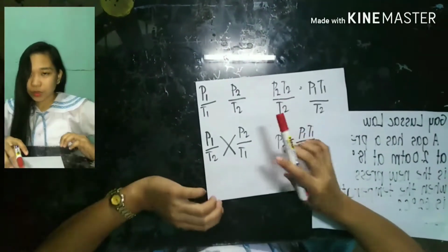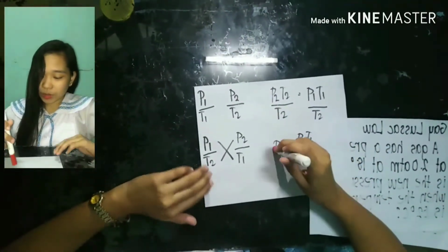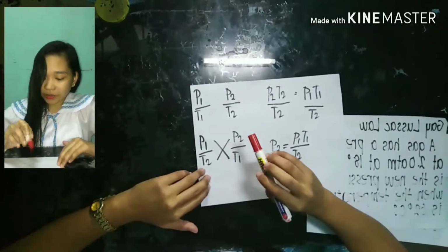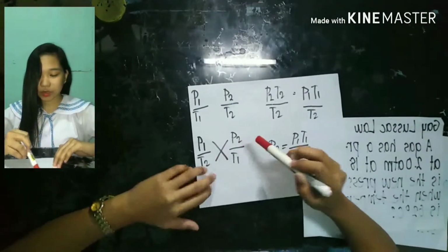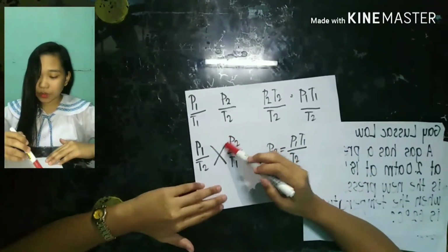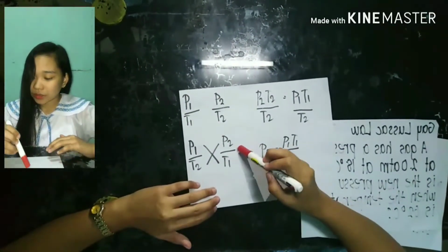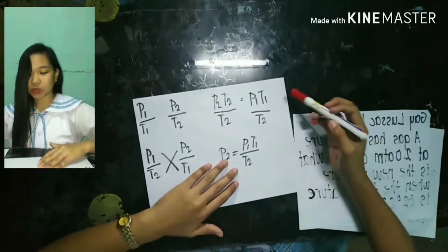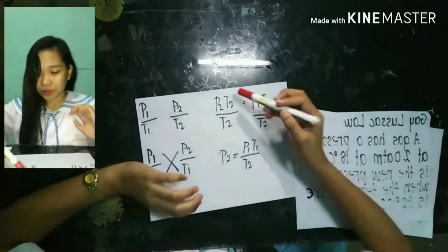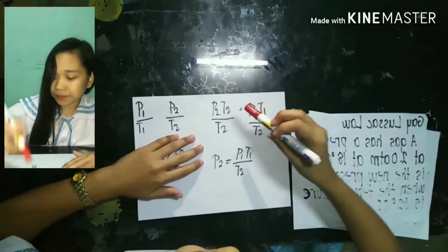So we need to cross multiply the initial pressure and final temperature, by the final pressure and initial temperature.